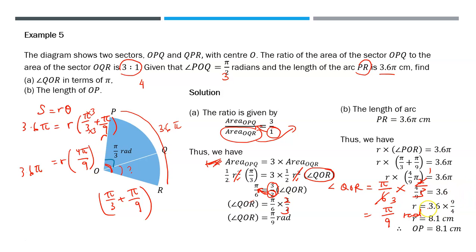Pi and pi we can cancel out. Ataupun kalau tidak mau cancel, directly bawa je semua ni pergi sebelah, so you dapat ini. So final answer you should have this ini you kena tulis. Therefore OP, because they didn't ask you to find the radius kan, they cakap find the length of OP. So OP equals to 8.1 cm.